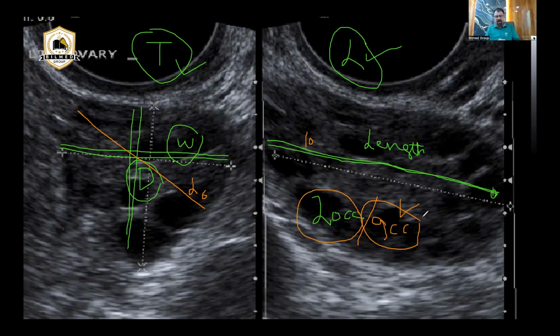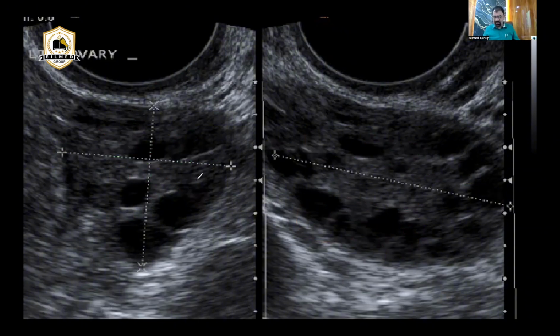This is why in many cases PCODs are overdiagnosed or underdiagnosed because of these wrong measurements. So this is how we take the volume of anything on ultrasound, and in given cases, the ovarian volume. Clear? What was the next question?